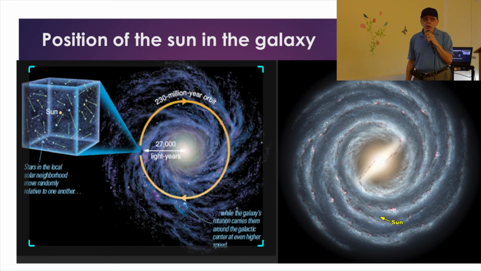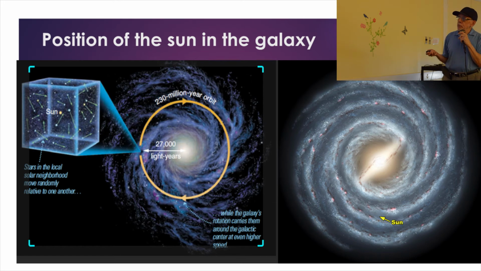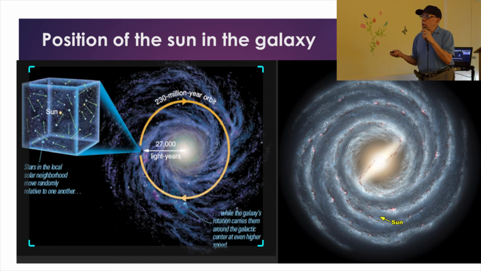And by the way, I should point out, and this will be a subject for a future lecture, when we look at the rates of rotation of different stars at different distances from the center of the galaxy, we would expect that to change based on the mass of the center of the galaxy. It doesn't.